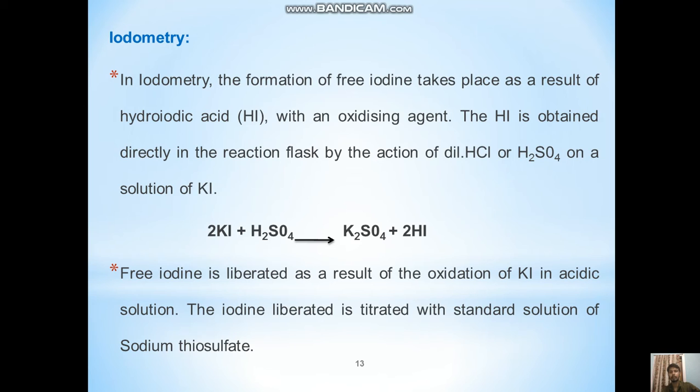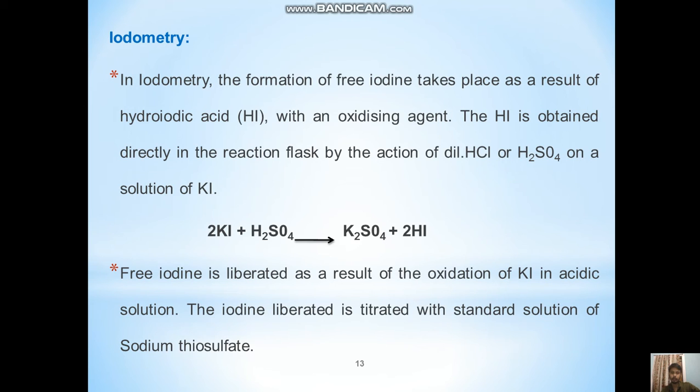So we react this potassium iodide with HCl or sulfuric acid, and we get K2SO4, or ultimately we get HI. Free iodine is liberated as a result of the oxidation of KI in acidic solution, meaning we are taking sulfuric acid or dilute HCl.